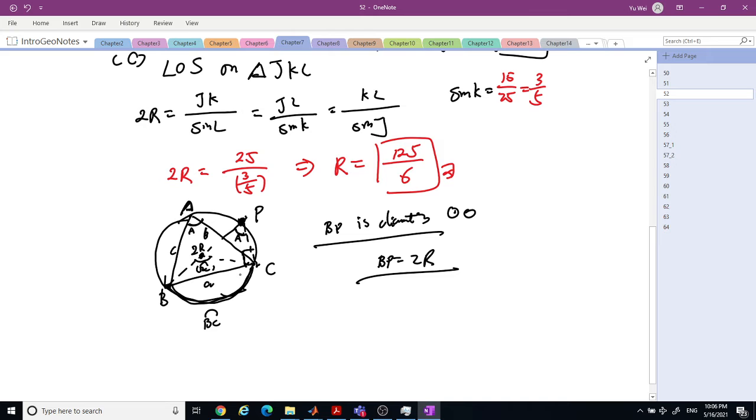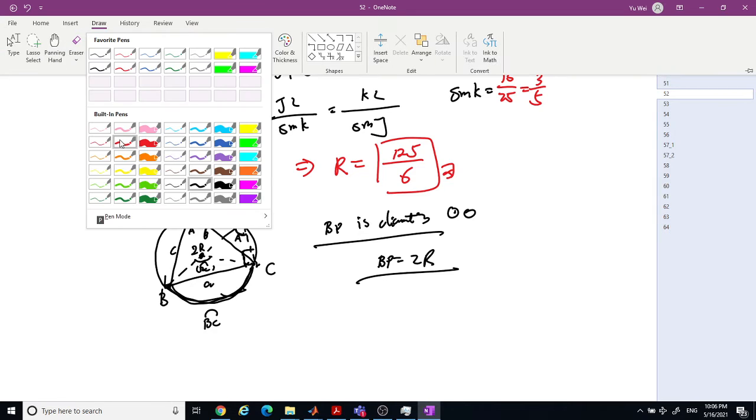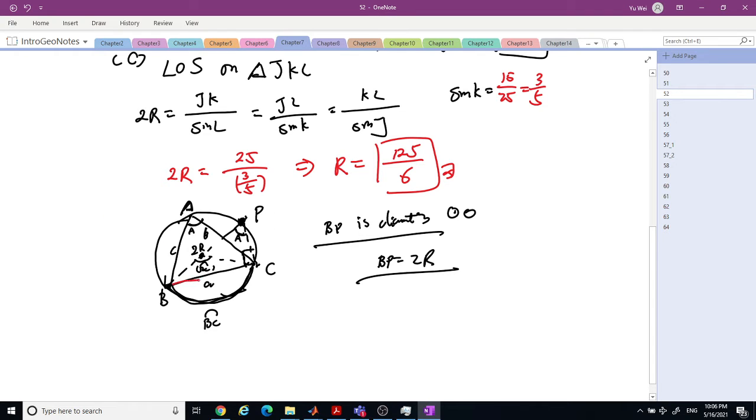Now you can see this is a right triangle. This is the opposite side, and this is the hypotenuse. So a over 2R is equal to sine of angle BPC, which is also equal to sine A. And that's why we have a over sine A equals 2R.